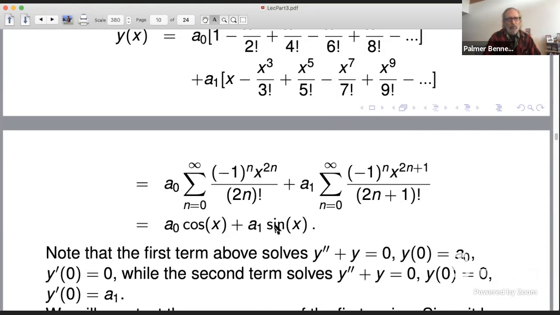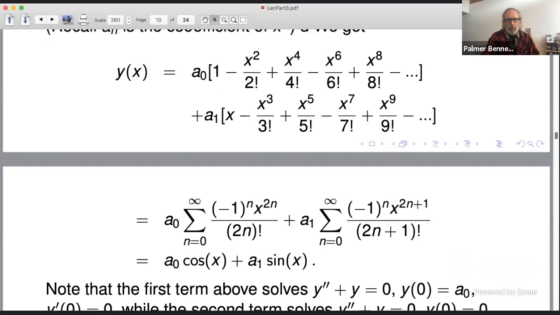And if you do the reverse, take y double prime plus y equal to 0 with the initial position equal to 0 and the initial velocity equal to A1, the solution is A1 sine x. So knowing the solutions of those 2 initial value problems would be enough to deduce that this represents the sine function and this represents the cosine function. So that's the solution of this.